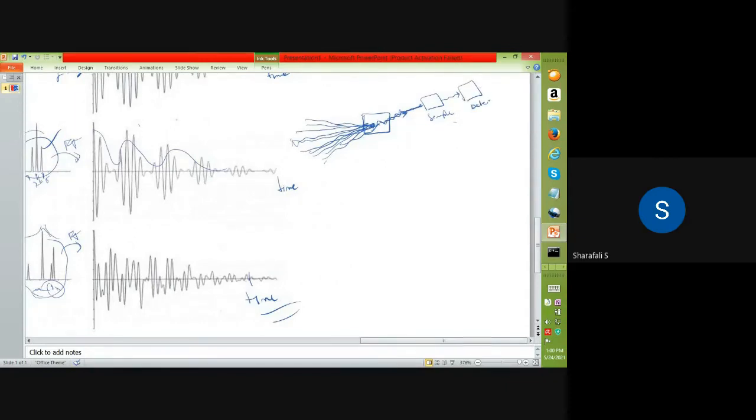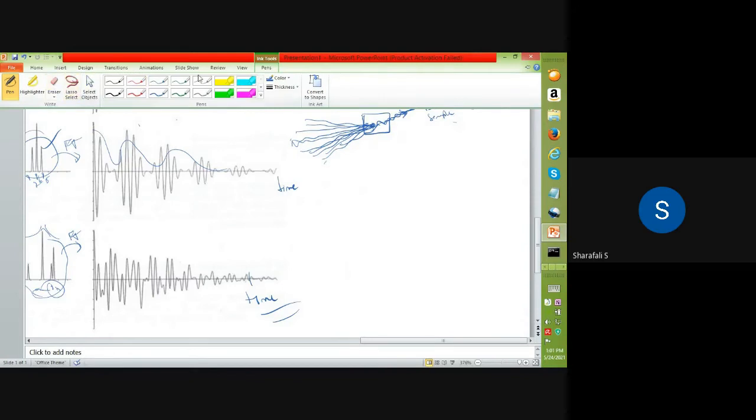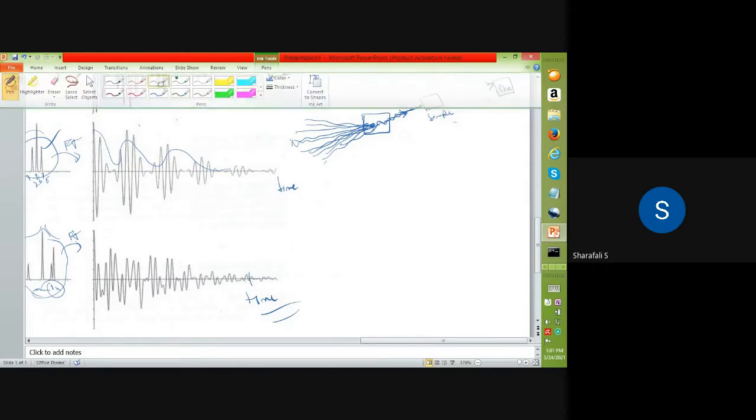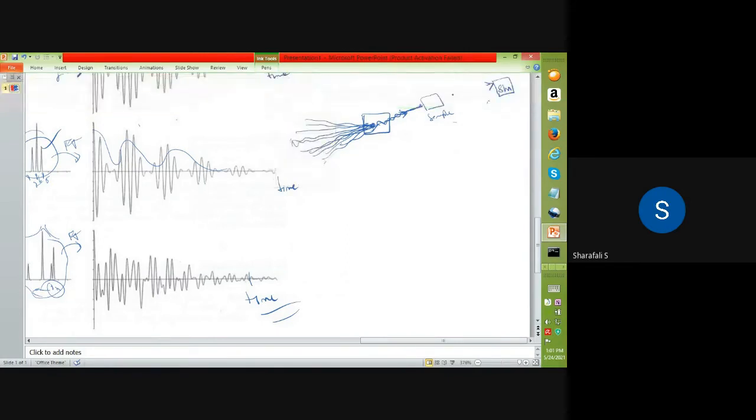And this detector will detect which frequencies are absorbed, and the remaining will come to the system. I think this detector is also directly connected to the system, and the system will detect which frequencies are there.